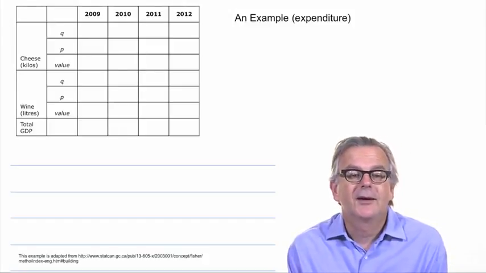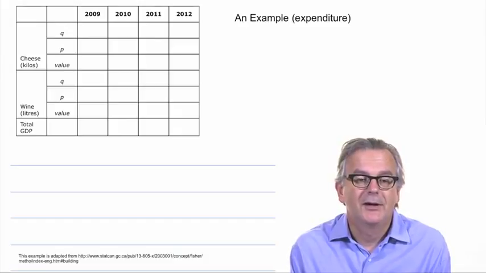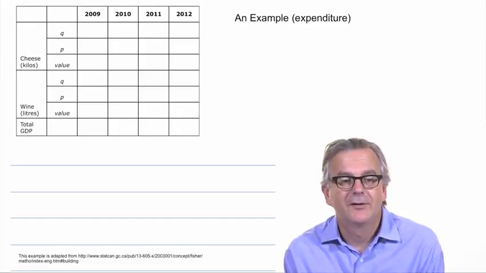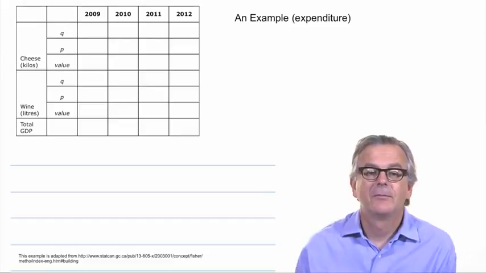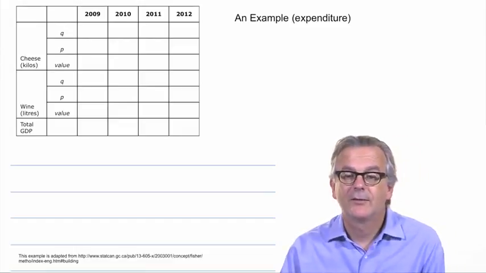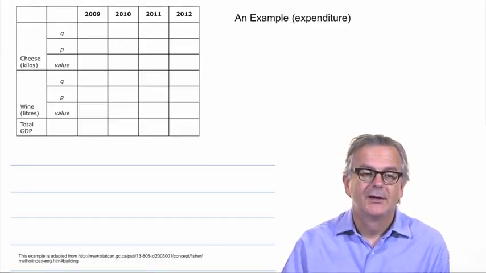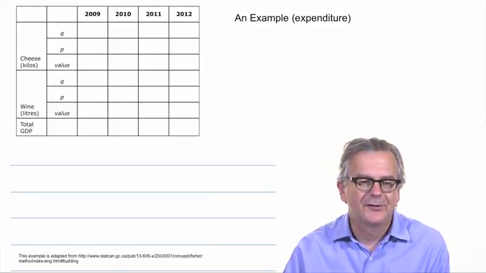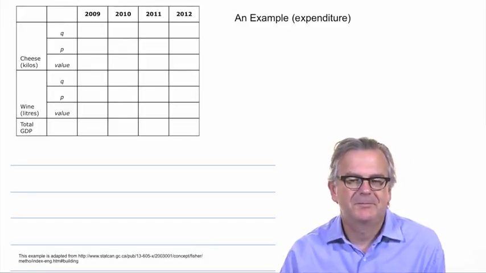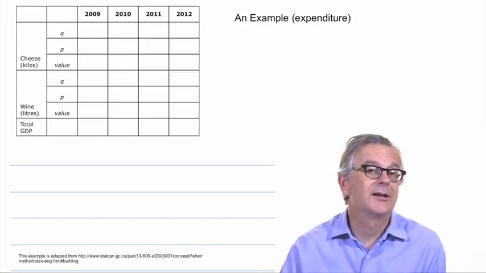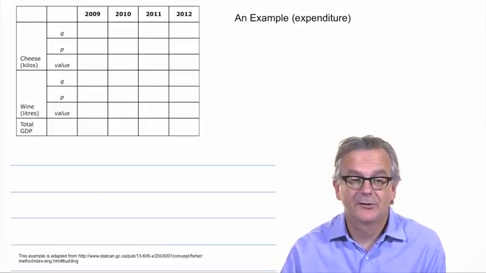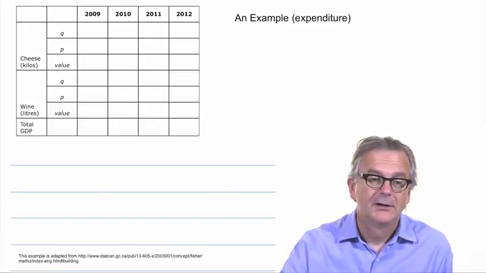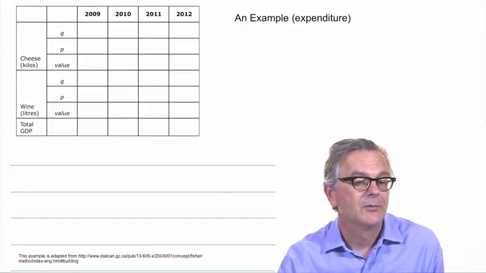And I want to look at the calculation of GDP over four distinct periods, 2009, 2010, 2011 and 2012. And I'm going to focus on the expenditure interpretation of GDP, but obviously it doesn't really matter that much. When I say expenditure, I could just as equally have said production or income. So let me just fill in this table a little bit.